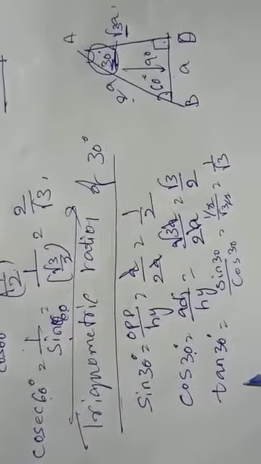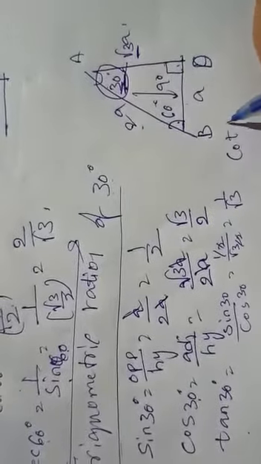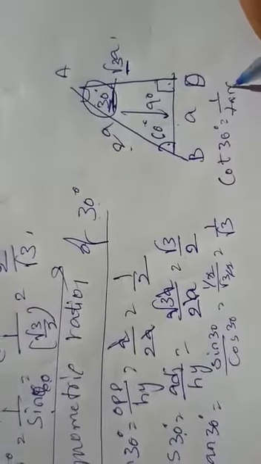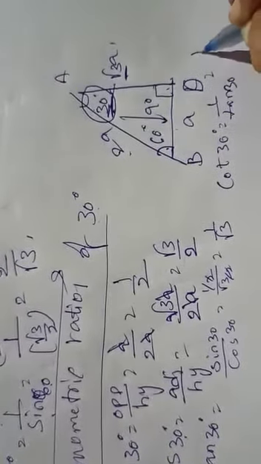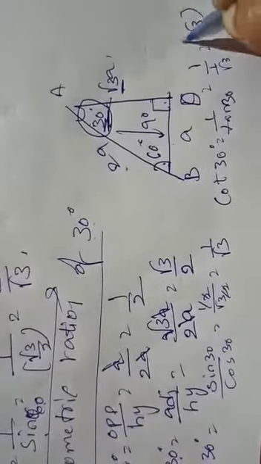Next, cot 30 degrees. 1 by tan 30, which is 1 by 1 by root 3, equal to root 3.